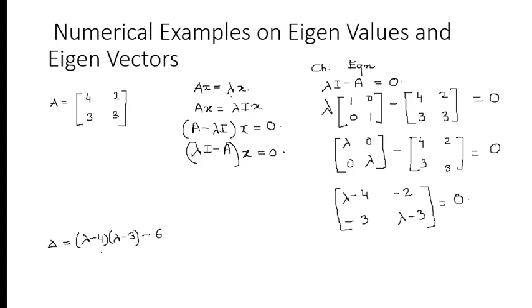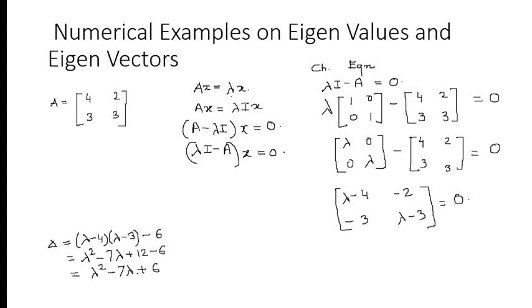If you multiply these two factors, we get lambda square, then minus 7 lambda, and 3 4s are 12, that means plus 12. So it will be lambda square minus 7 lambda plus 12 minus 6. The final expression is lambda square minus 7 lambda plus 6.